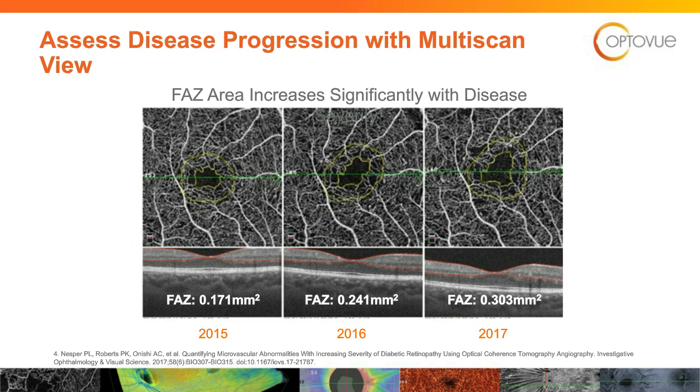Do you dilate for all angio scans? In my experience, that depends on their age and on the instrument you're utilizing. We have the OptiView Avanti OCT angiography, and to me, it does a really good job on undilated pupils.